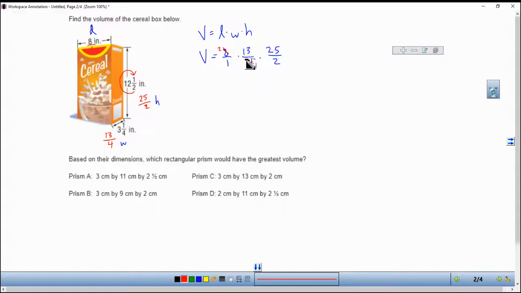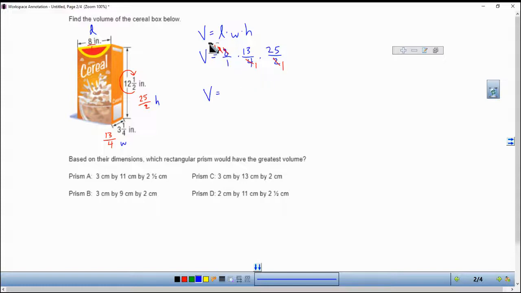Now, this is kind of a special case because if you look diagonally again, that 2 and this 2, the red 2 and the blue 2, are also diagonal. I know they're not next to each other, but they're still diagonal, so we can simplify those as well. Each 2 turns into a 1, and it's become a lot simpler. 1 times 13 is 13. 13 times 25, you'll have a calculator, but that's 13 quarters.